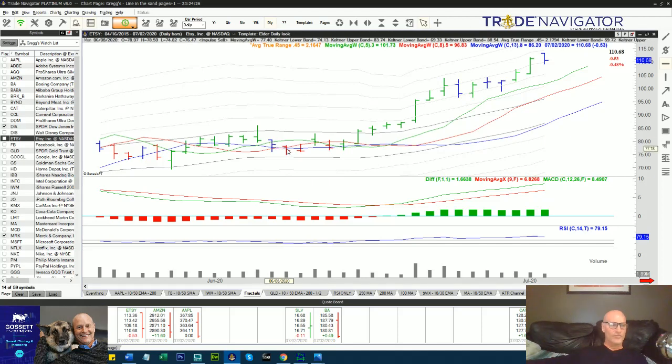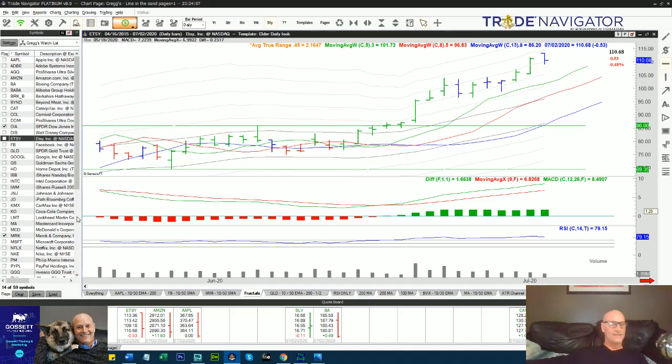Now, we can have fractals the opposite way. See the bottom here? We have 2 higher lows here and 2 higher lows here. So this is a fractal trigger point if it went down. This is this line right here. Let me draw these here so you can see. Dr. Williams does not discriminate between going long or short.